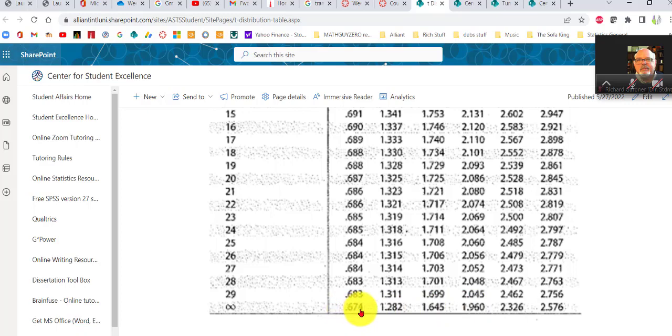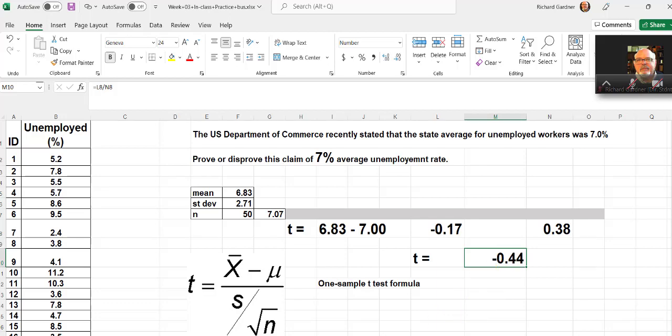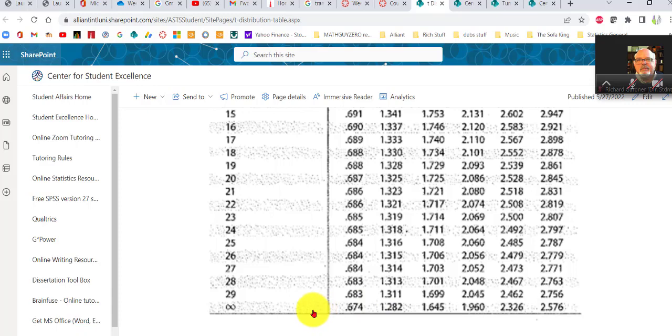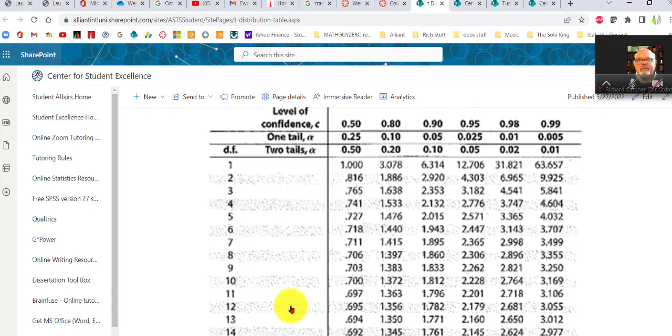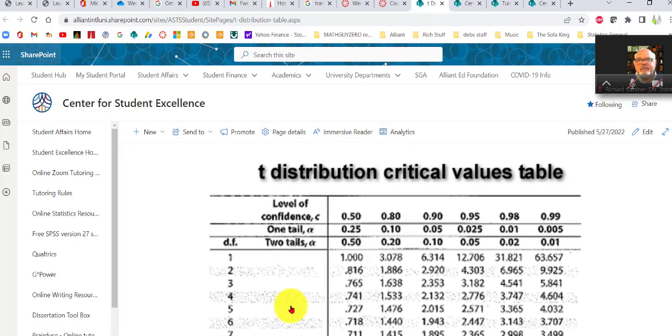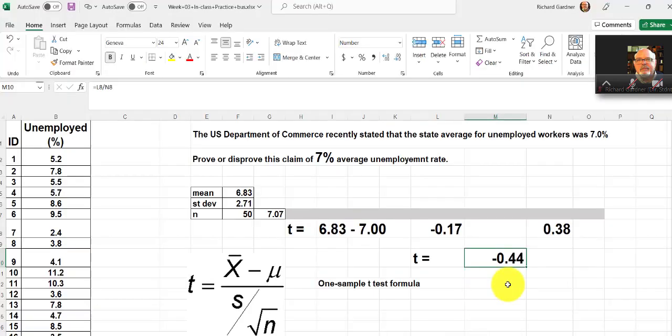The t-test, we just take the absolute value. So 0.44 would be right around here somewhere. So on a two-tailed test, your sig value is going to be plenty high. It's going to be like 0.6 or something. So what that means is there is no significant difference in there.